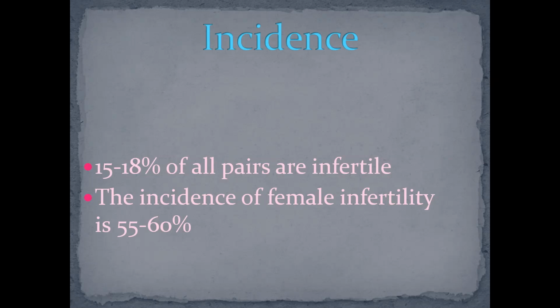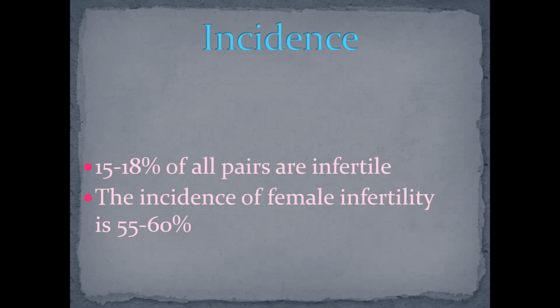These infections seriously affect the quality of the sperm cells. Also, low socioeconomic status in some countries, as well as a low level of education, affect the increasing incidence of infertility.